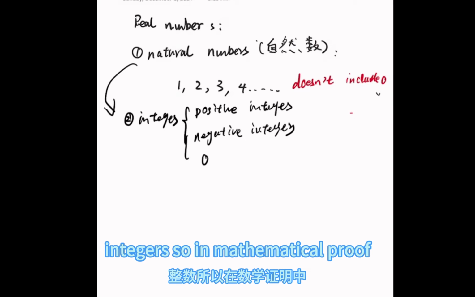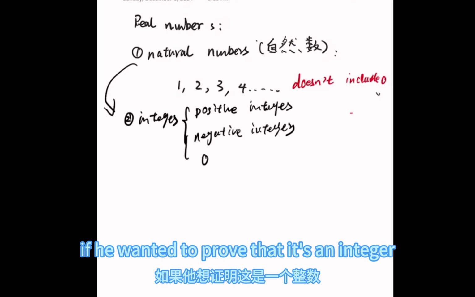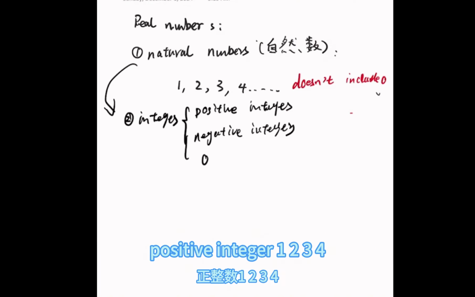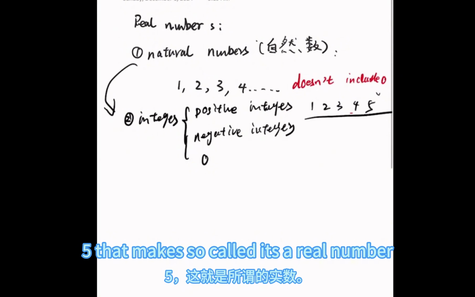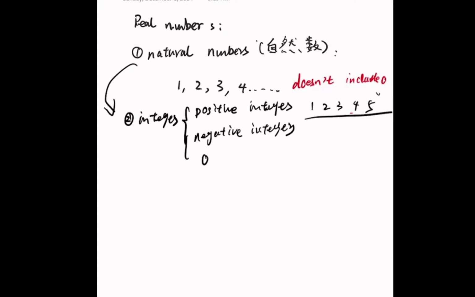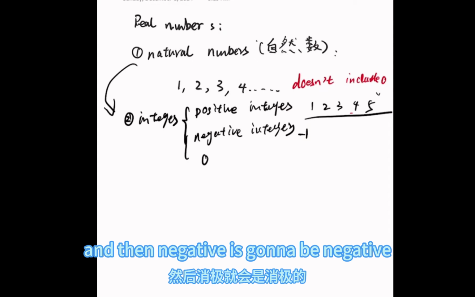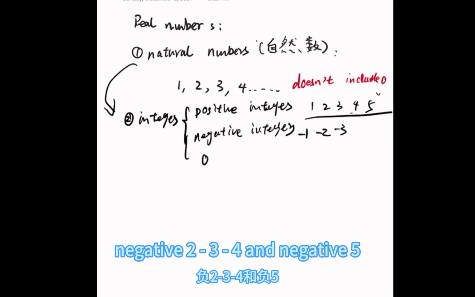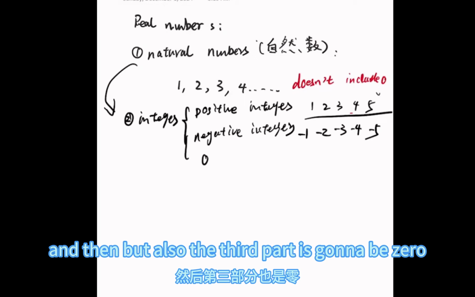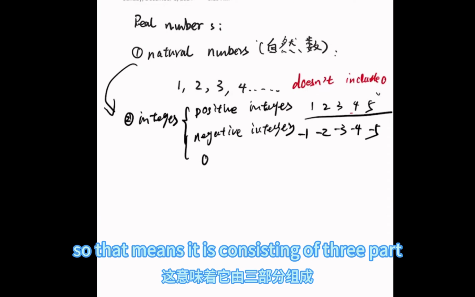In a mathematical proof, if you want to prove that something is an integer, you have to know that it must include three parts. Positive integers are 1, 2, 3, 4, 5, which are the natural numbers. Negative integers are -2, -3, -4, and -5. The third part is 0. So it consists of three parts.